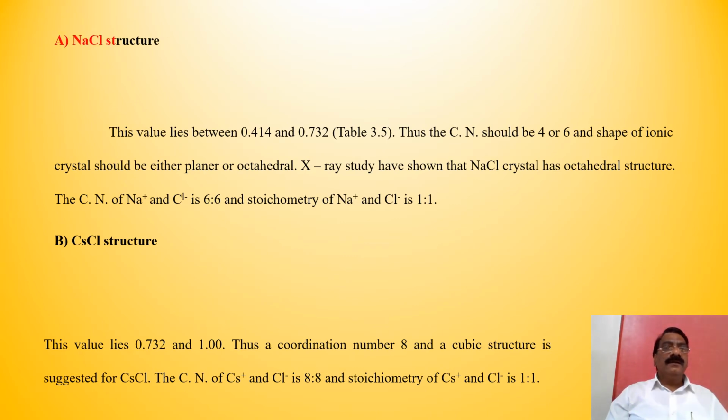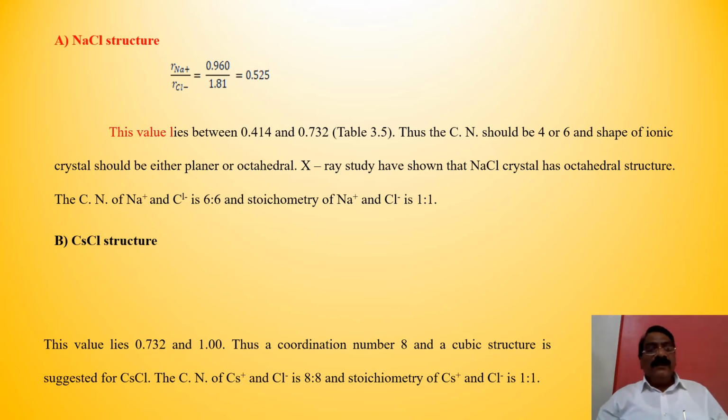NaCl structure. R Na+ upon R Cl- is equal to 0.96 upon 1.81 is equal to 0.525. This value lies between 0.414 and 0.732.